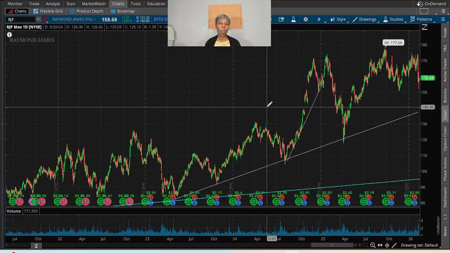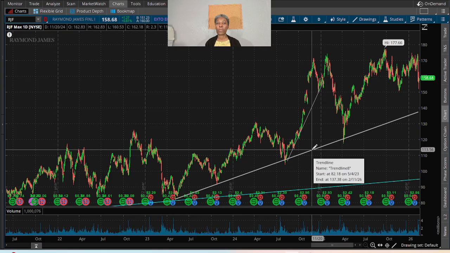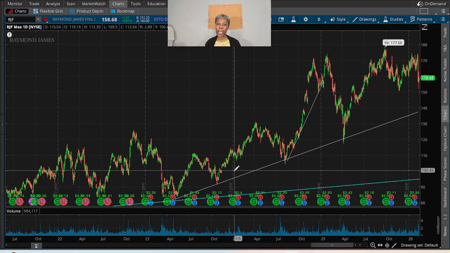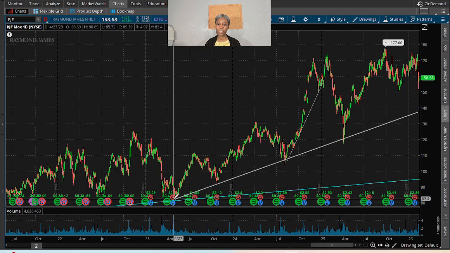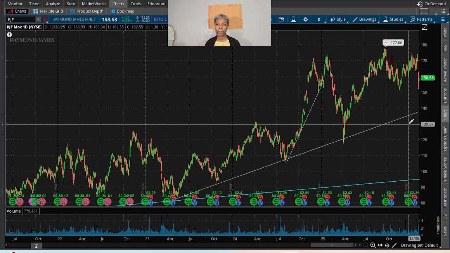So that is how I draw my uptrend lines and use them to make my buying decision. I trace the uptrend line passing by the higher lows. This low is higher than this one, which is higher than this one, which is higher than this one. Connecting them, I'll have an uptrend line.